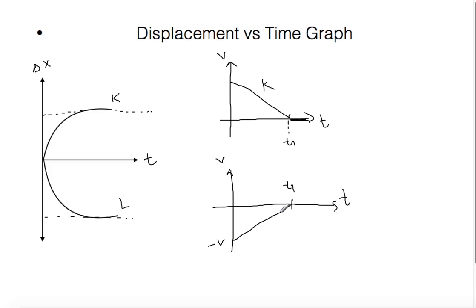It moves in the opposite direction, then it stops again, because when it reaches here, as you see at this time, displacement becomes 0. It does not move anymore. So for object K, in the velocity time graph, at the beginning it has some velocity, but then it stops. Here again it moves in the negative, opposite direction and it stops after a while.